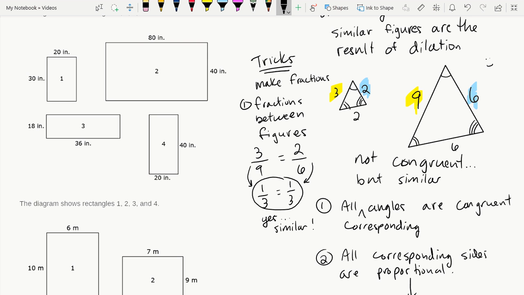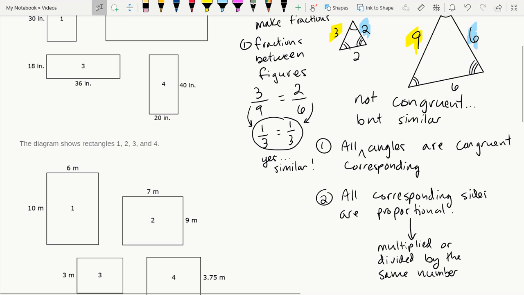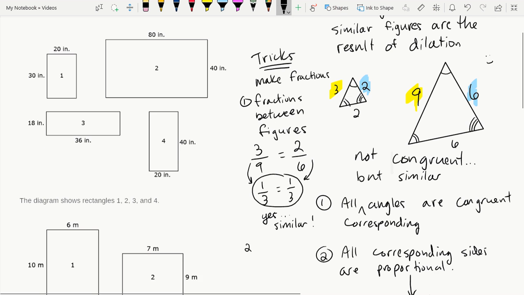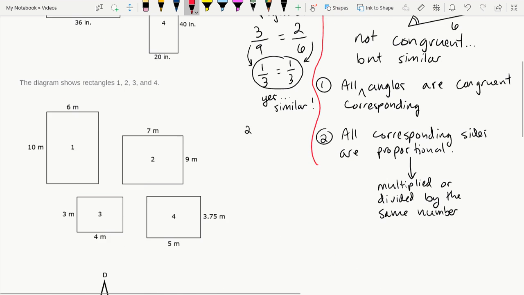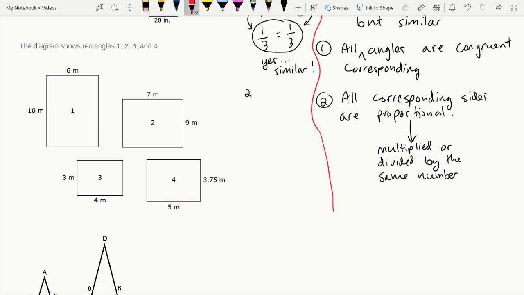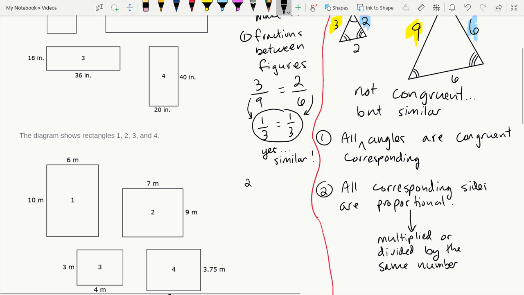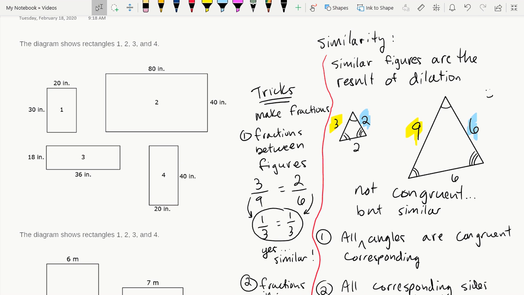Now, trick number 2 is fractions within figures. Let's go back up to my original triangles.